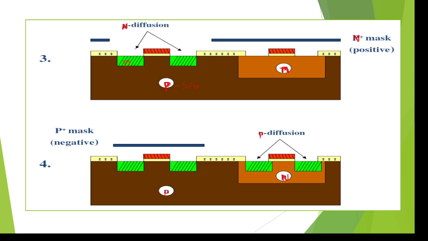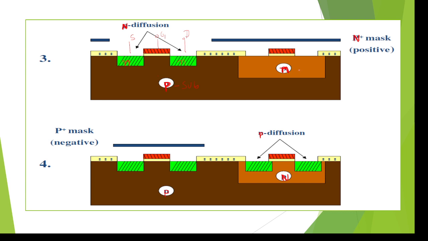Using this we design the source, and the gate was already designed in the previous step. Now the drain terminal is also designed. So left side transistor fabrication is completed.